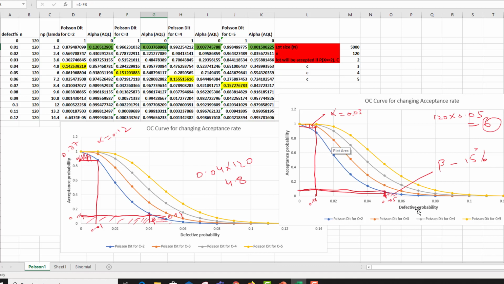So basically, this whole plot demonstrates that increasing C, the acceptance number, while holding the sample size constant, decreases the producer risk and increases the consumer risk.